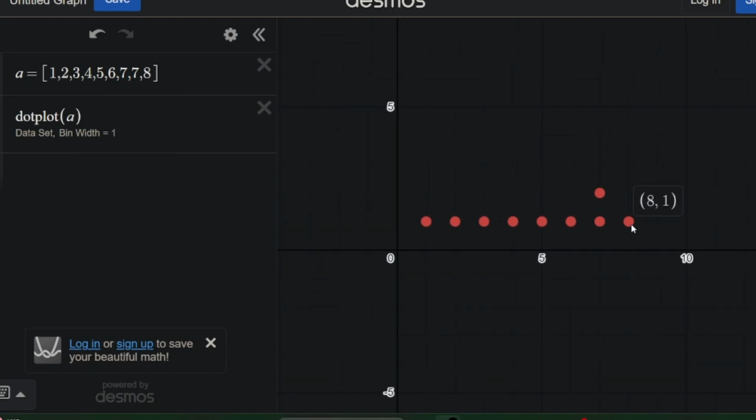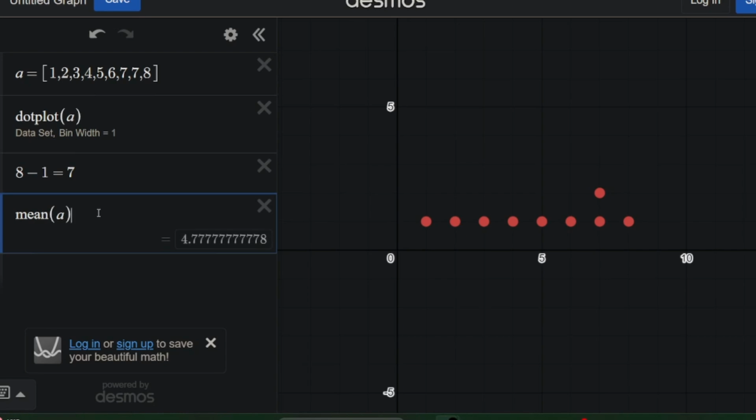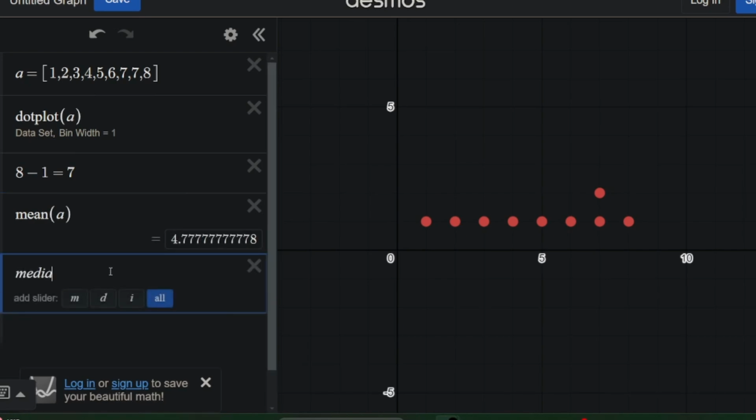Your range is essentially your biggest number minus your smallest number. So we see our biggest number is 8 and our smallest number is 1. 8 minus 1 equals 7. You don't really need a dot plot for that either, but that's just another way to visualize it, right? Now remember, your mean and your median are always going to just be literal functions. Okay, so this is how you do mean, median, mode, and range on Desmos.